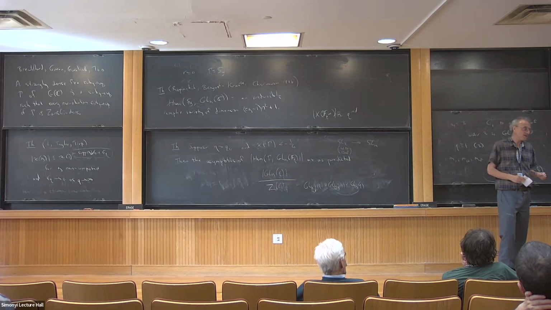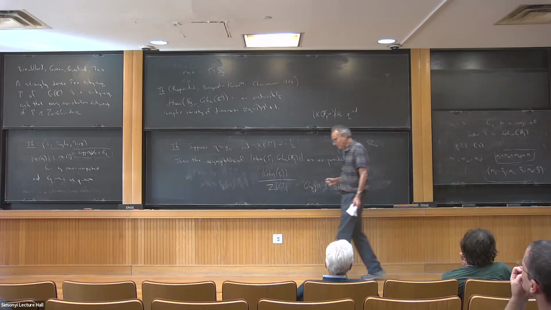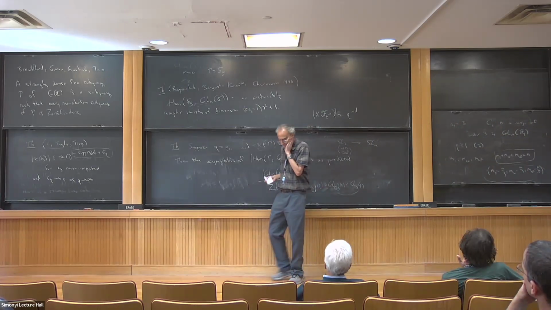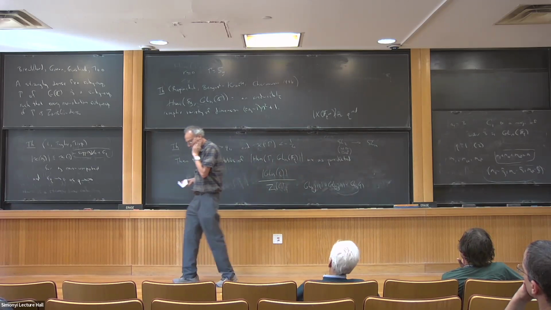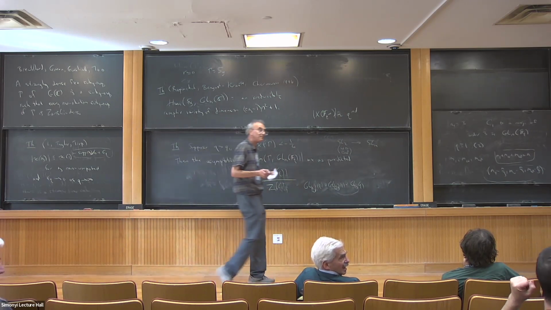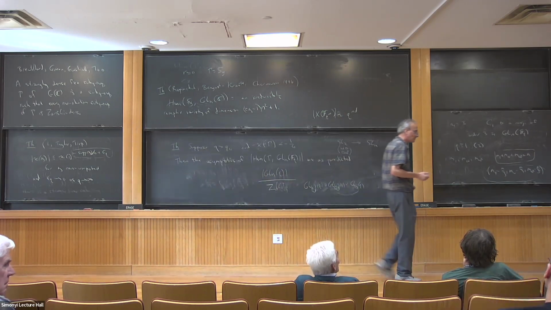Now, if we have a one-relator group, how do we know that we start off with a representation? Do we know that there's a representation to SL2? I would expect that there normally would be. When you say one-relator, hyperbolic or not hyperbolic?